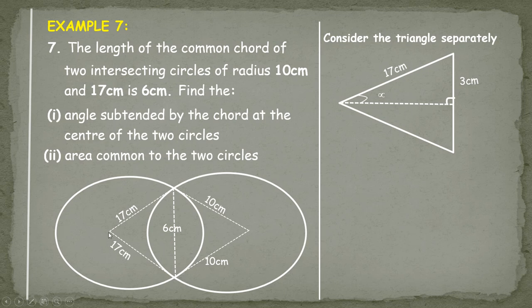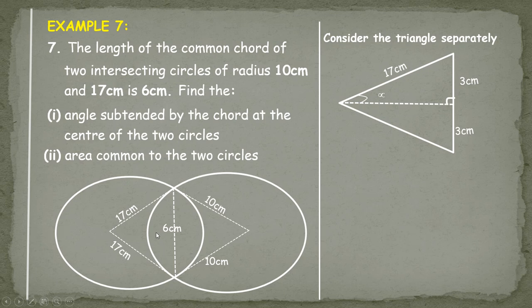Once I draw a line from here up to this, I will now divide this one into two equal parts. So this is 3 centimeters and this is also 3 centimeters. Now this hypotenuse here, as you can see, is 17 centimeters. And we earlier said that once you draw a line from the center to the chord, this line is going to be perpendicular. The shortest distance here will be perpendicular. So once I take this, it is going to be perpendicular.